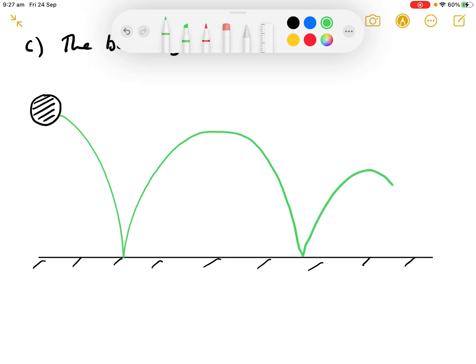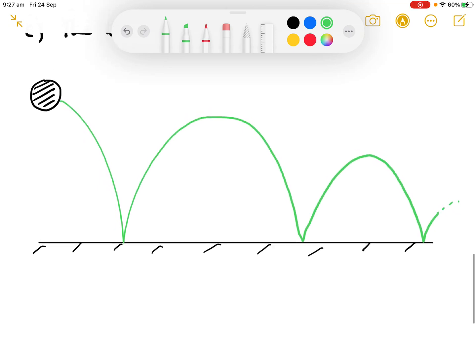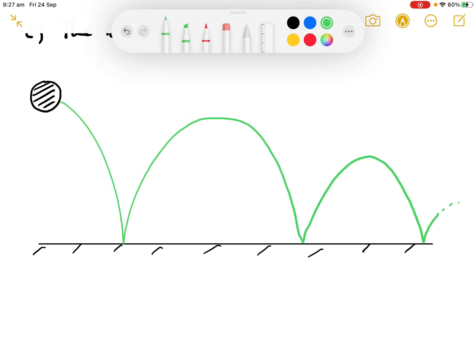And then that continues and could go on for several bounces. Every bounce causes the ball to lose energy as sound and heat. There's also a bit of energy lost as it moves through the air. So the maximum height reached each time is always less.